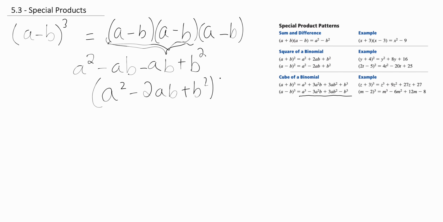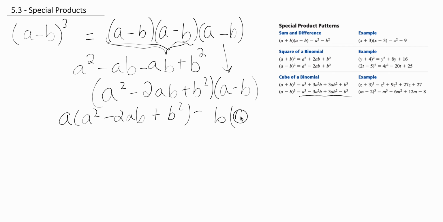Now we're going to multiply that by our last one to finish off the creation of the special product. We get a cubed. Well, a better way to do it would be to multiply how we have been. So let's say a times a squared minus 2ab plus b squared, minus b times a squared minus 2ab plus b squared.